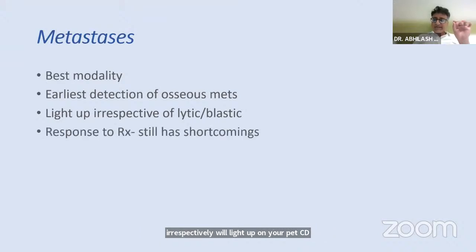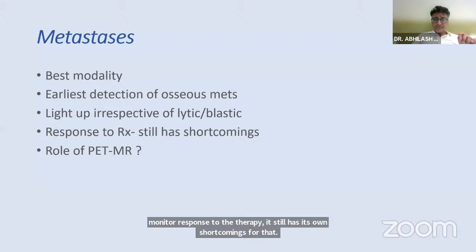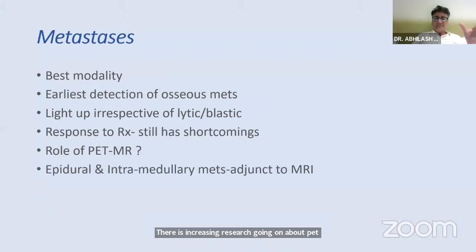When we are treating this patient, when we have to monitor response to the therapy, it still has its own shortcomings. For that, there is increasing research going on about PET MR. Now, in conjunction with bony mets, even epidural and intramedullary mets are picked up by this particular scan. So, we order a PET CT, we see numerous levels lighting up.